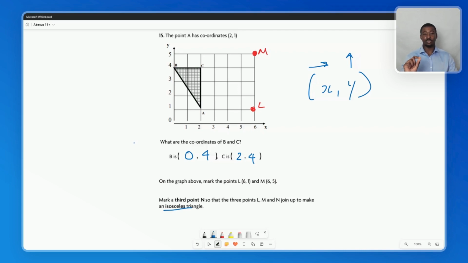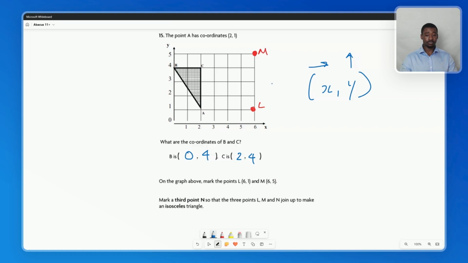And because we have 2 sides of equal length, that also means we have 2 angles of equal size or 2 angles of equal value. But for this question, the main thing we need to understand is an isosceles triangle means we have 2 sides of equal length. So different from an equilateral where every side is equal, different from scalene, different from right-angled, isosceles.